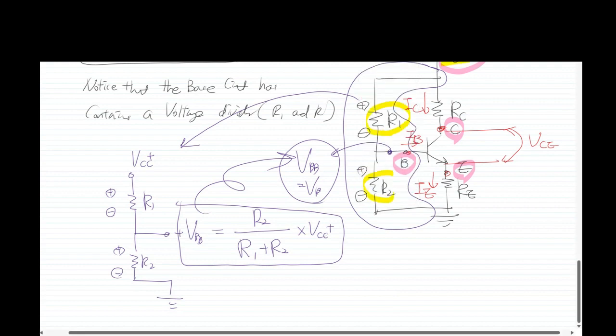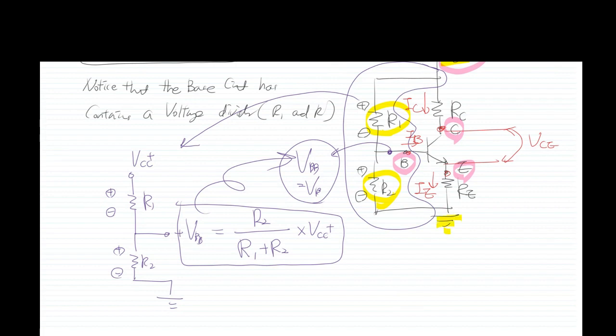And R sub 1, R sub 2, the voltage divider rule, and then the base circuit connects to the ground here, right? So this is why R sub 2, the ground connection, R sub 2 over R sub 1 plus R sub 2 multiplied by V sub CC. Okay.